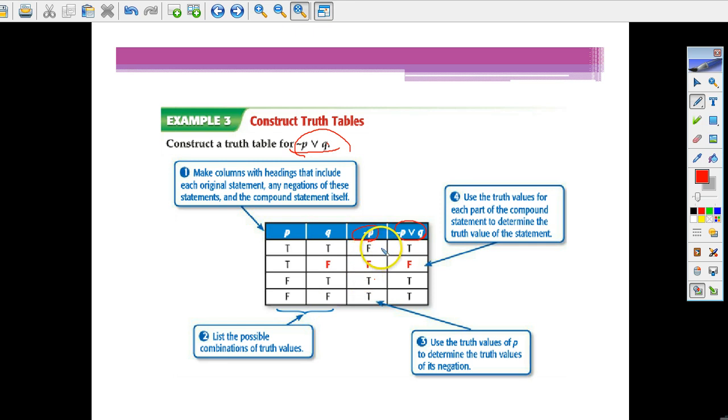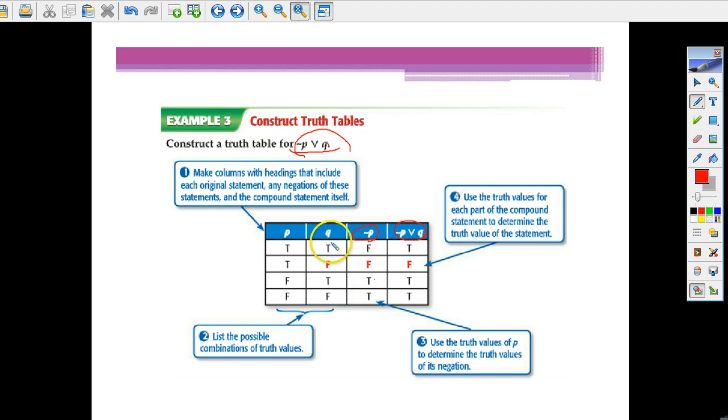And then you will find out what the or will be. So you have a true or false. It's going to be true. False, false is false. False, true is true. So use the truth values of P to determine the truth values of its negation. We did that. Whatever P is, not P is the opposite.